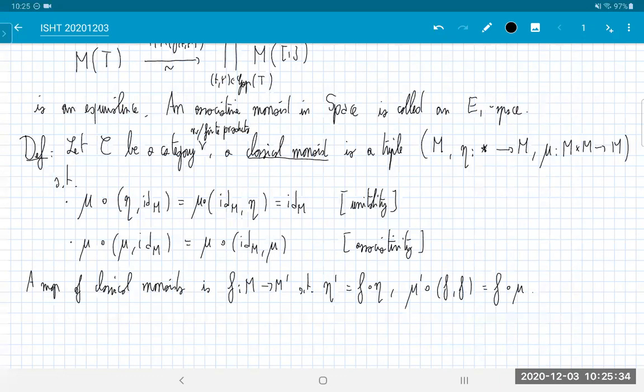If you want, f of x times y is f of x times f of y. This is probably the definition you've seen before. In sets, it's just the classical notion of an associative monoid.